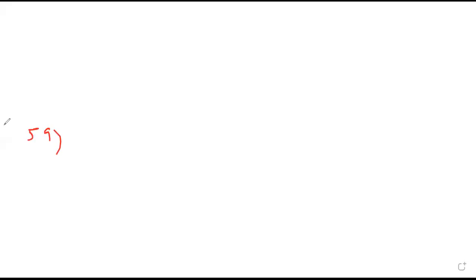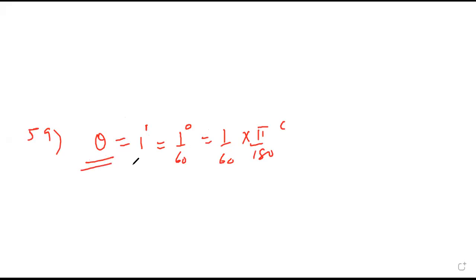The resolution limit of the eye is 1 minute, that is 1 upon 60 degree, which is 1 upon 60 into pi upon 180 radian. So remember, always the resolution limit of the eye is 1 minute.